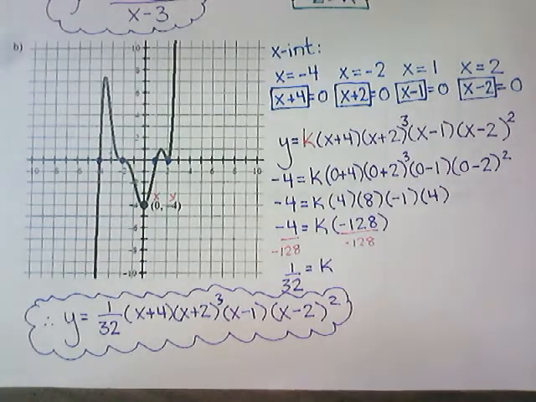All right, so that's what you need to know about how to find the equation of a polynomial and rational function.